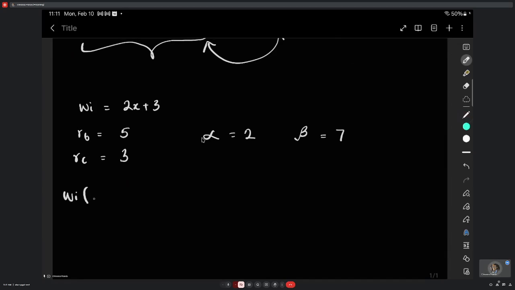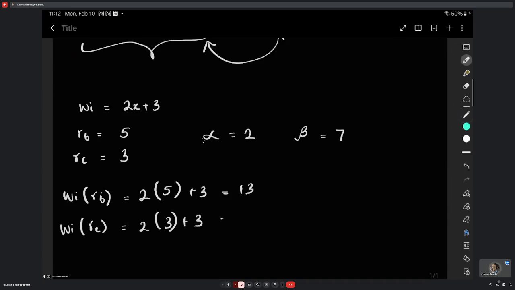Wi evaluated at RB will be equal to 2 times 5, plus 3, which is equal to 13. Wi evaluated at RC is 2 times 3 plus 3, which is equal to 9, sorry.